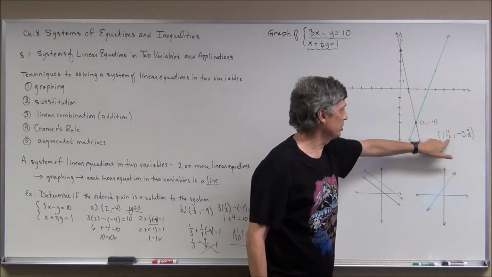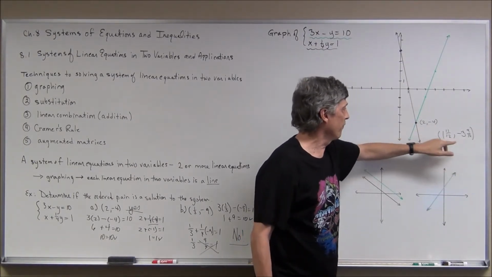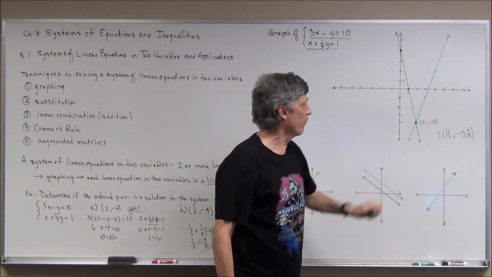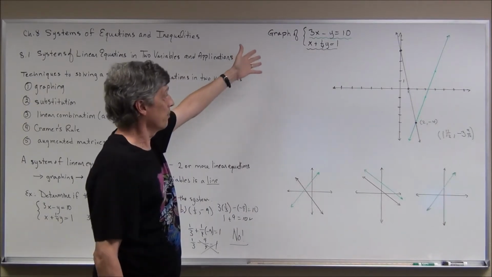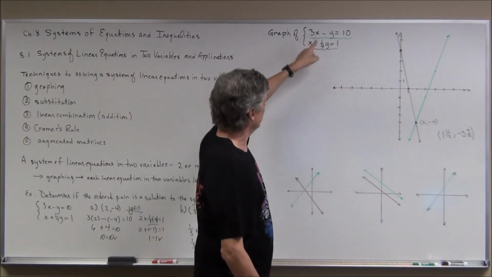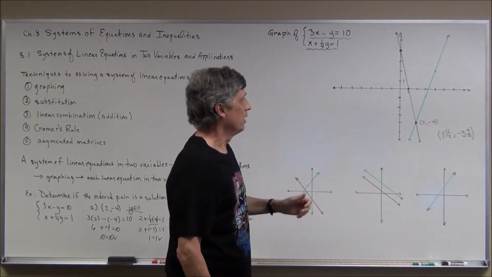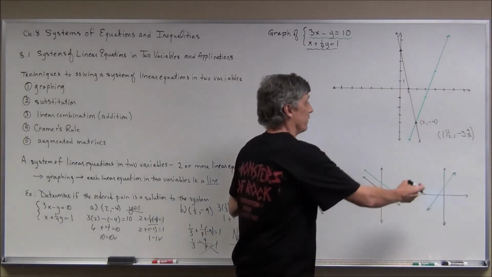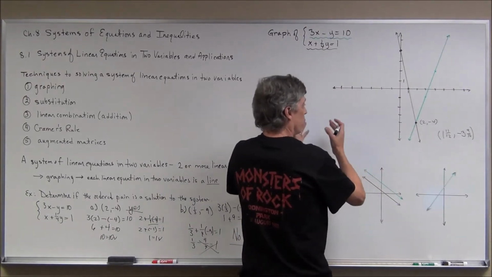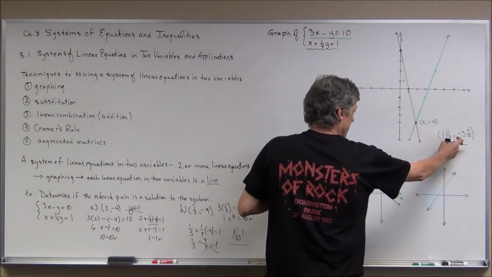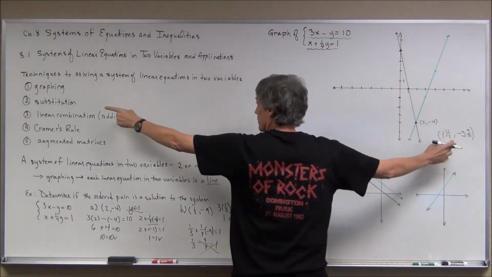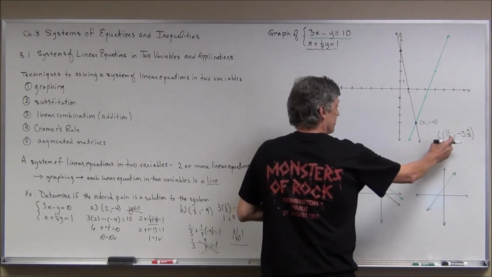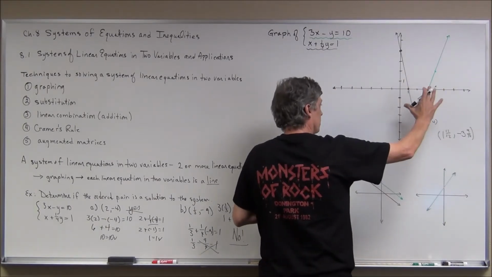Because this is so close to 2 and this is so close to negative 4 that graphing wise it's going to look like it's dead on (2, negative 4). And then if I go back to check my answer to see if (2, negative 4) is indeed the solution like I did back here, if this was actually the answer, I'd get close, but I wouldn't get equality. So there's better methods, and that goes back to method 2 on substitution, method 3 on linear combination. There's better methods to do this. This is nice though, you get a picture of what's going on.